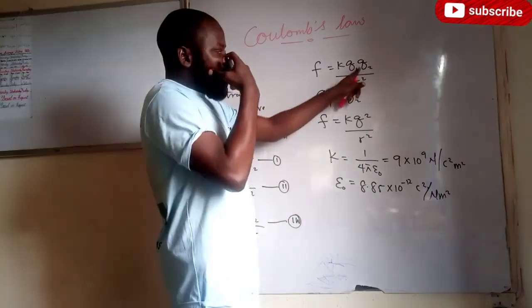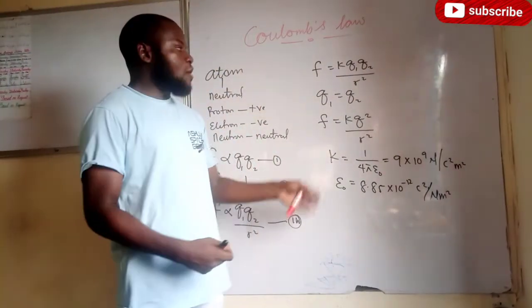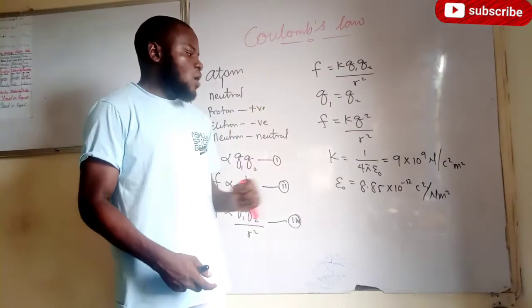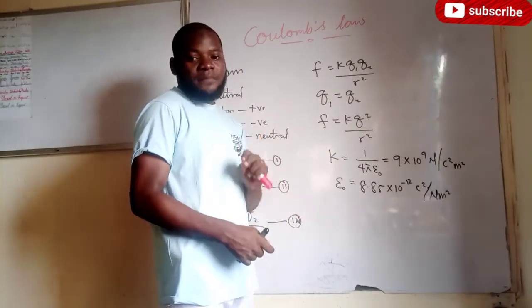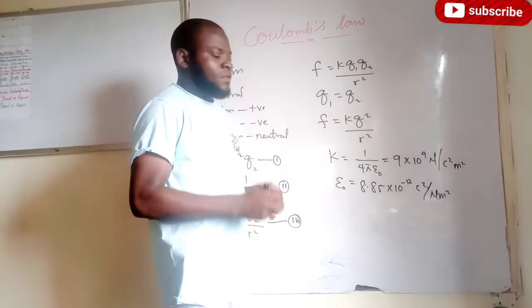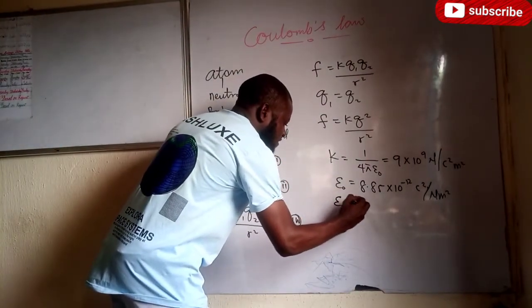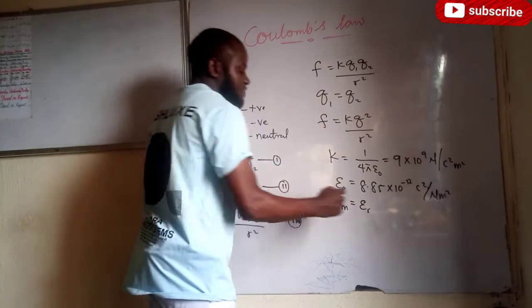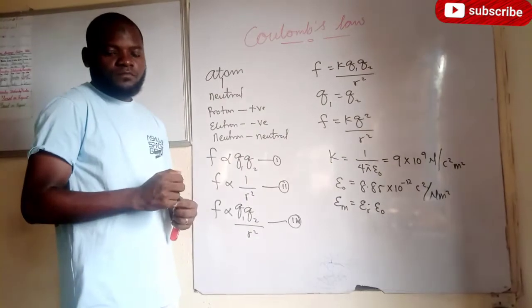But if they are in water or any other medium, how do you calculate using Coulomb's law? What you need to do is that you will be given the relative permittivity of that medium. So for you to get the permittivity of any medium, it is equal to the relative permittivity multiplied by the permittivity of vacuum. Are we together?